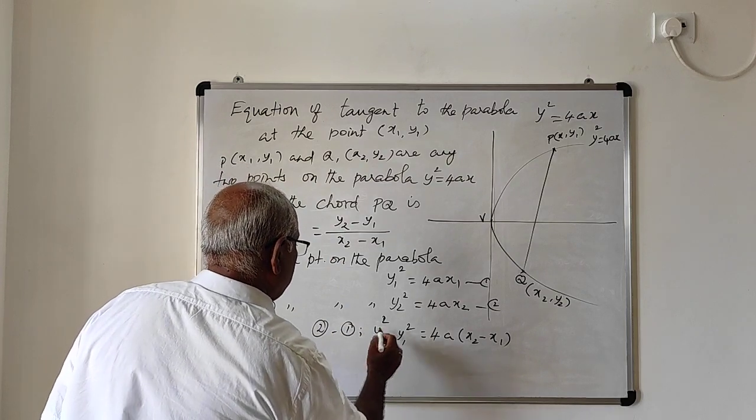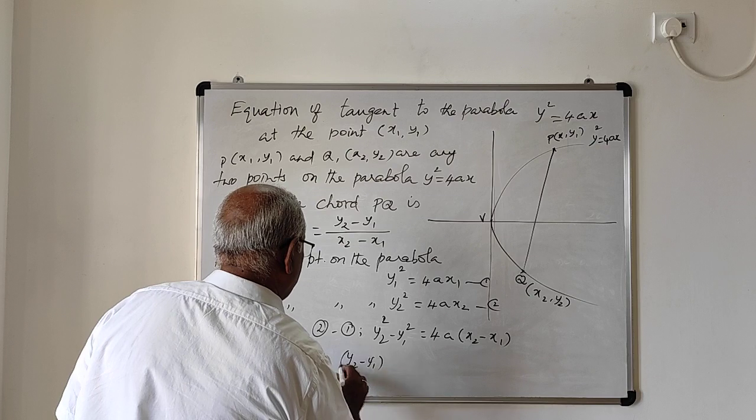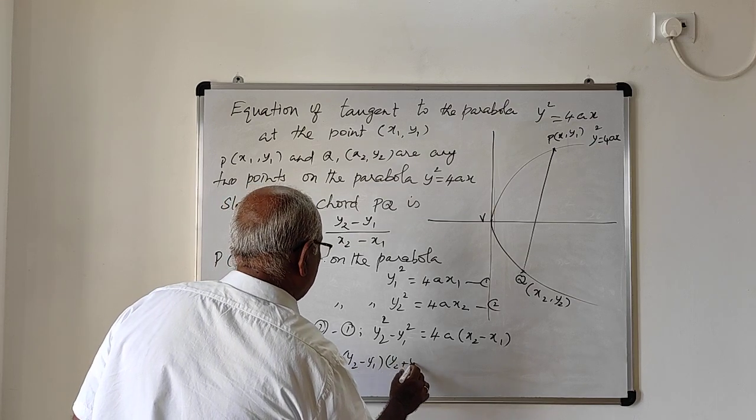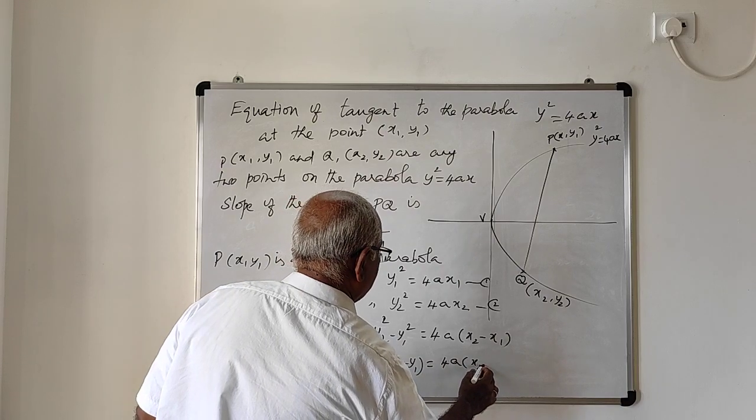On simplifying, y2 minus y1 into y2 plus y1 equals 4a into x2 minus x1.